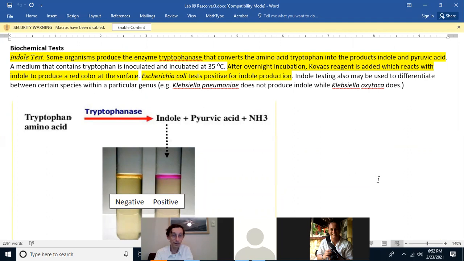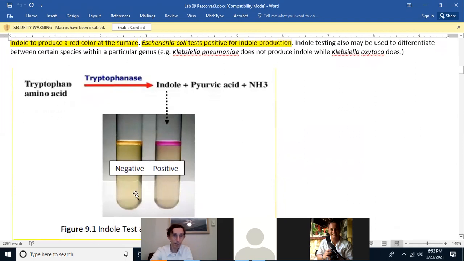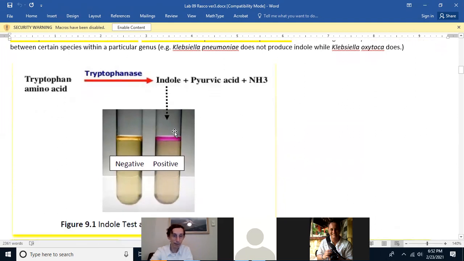E. coli is positive for indole production. Klebsiella is negative, and negative looks yellow. This is supposed to be red, but in this photograph it looks kind of purple, but we'll take that as positive for the production of indole. Remember, tryptophan in the presence of tryptophanase produces indole.